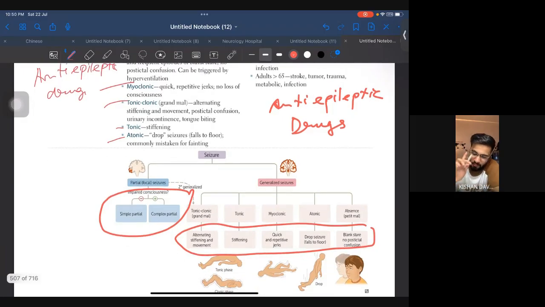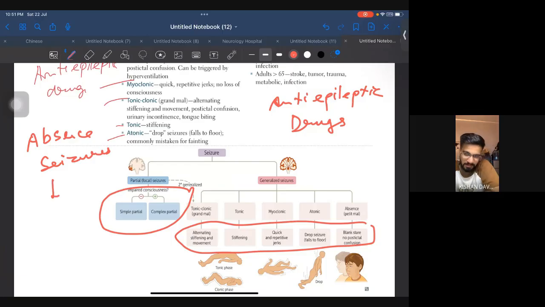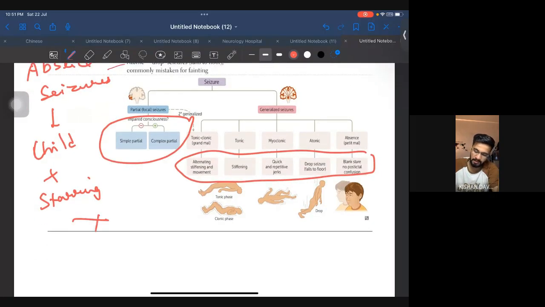Most commonly they like to ask absence seizure. They will give the case of a child plus staring, and after staring there is continuous blinking. पहले तो वो अपनी दुनिया में खो जाएगा, फिर अचानक से there will be blinking.